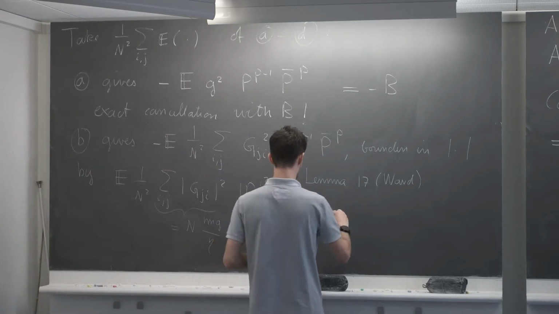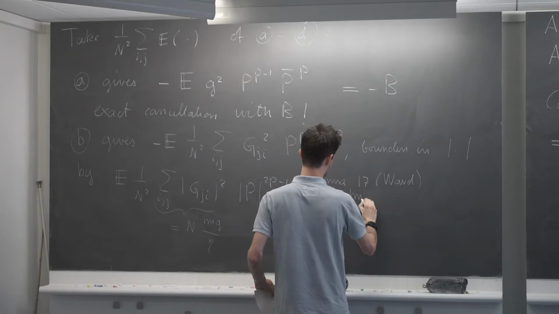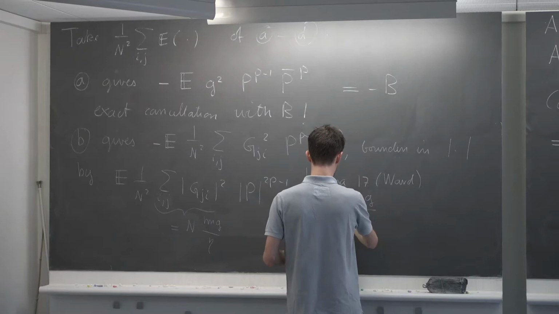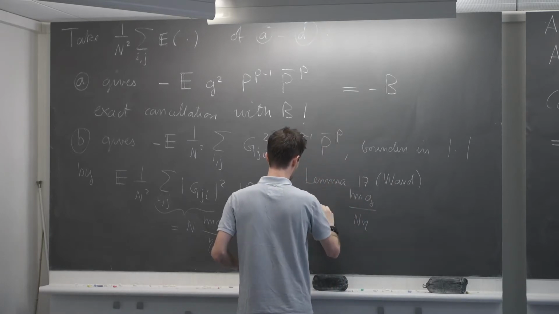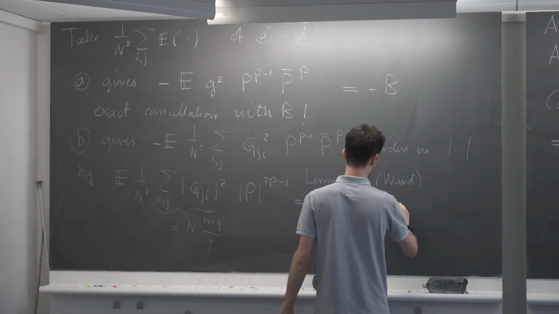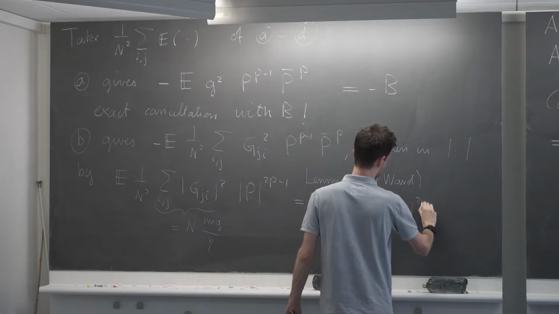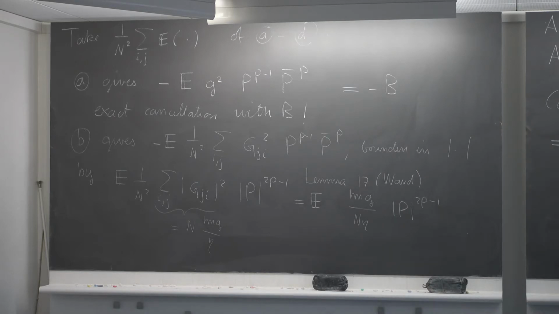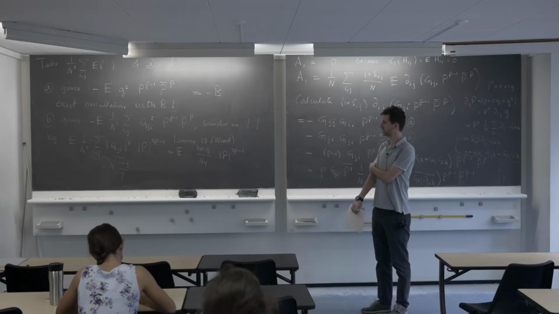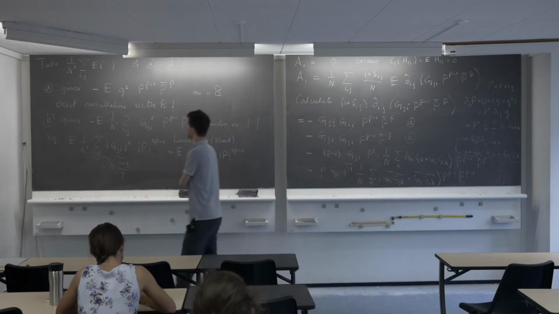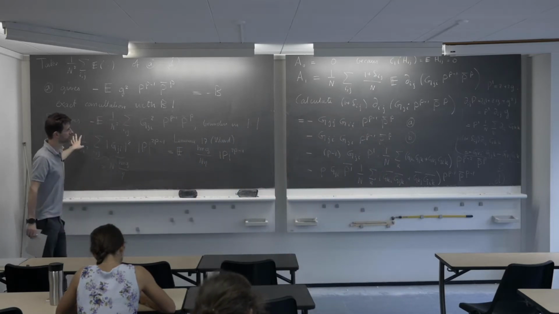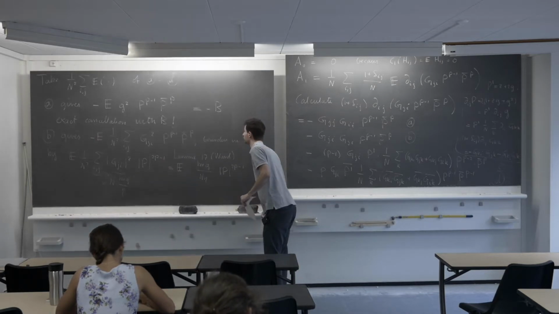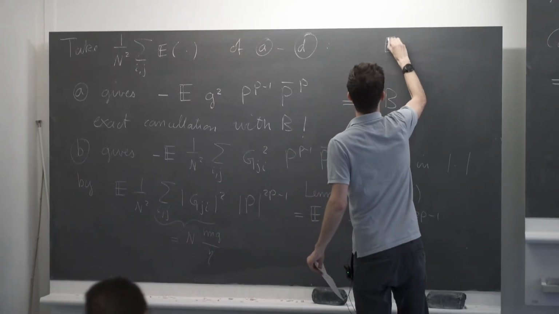So we get the imaginary part of g, all inside the expectation, times |P| to the 2p minus 1. This is as far as we can go with this term. We will see at the end how everything comes together. But if we manage to prove, and we will, that the whole right-hand side is small, what we are estimating, I remind you, is the following thing.